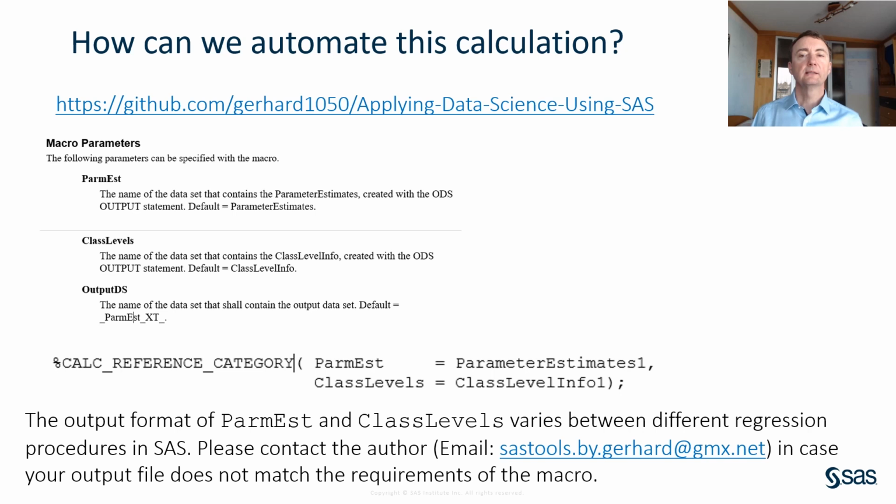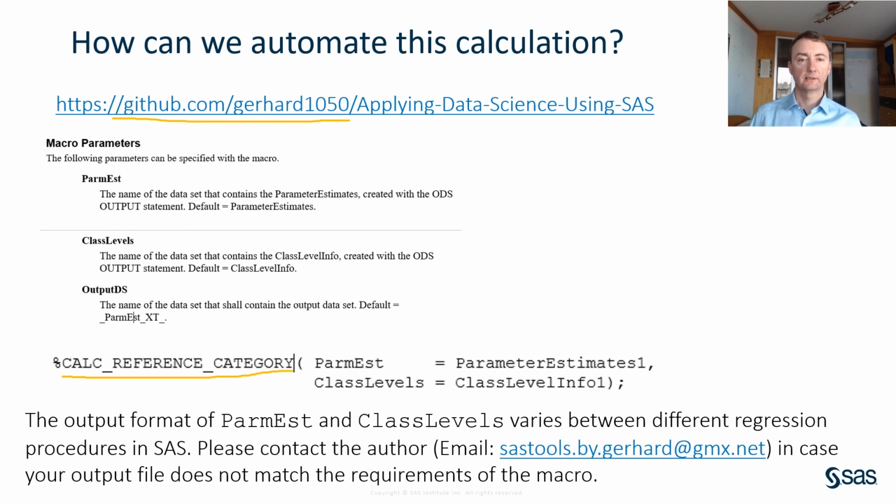In order to automate this calculation, I have generated a simple macro in SAS, the calc reference category macro, and this helps you to automatically calculate the hidden regression coefficient for the reference category for all your class variables. You can download this macro on my GitHub page, and you can easily apply this to the output of your SAS regression procedures.